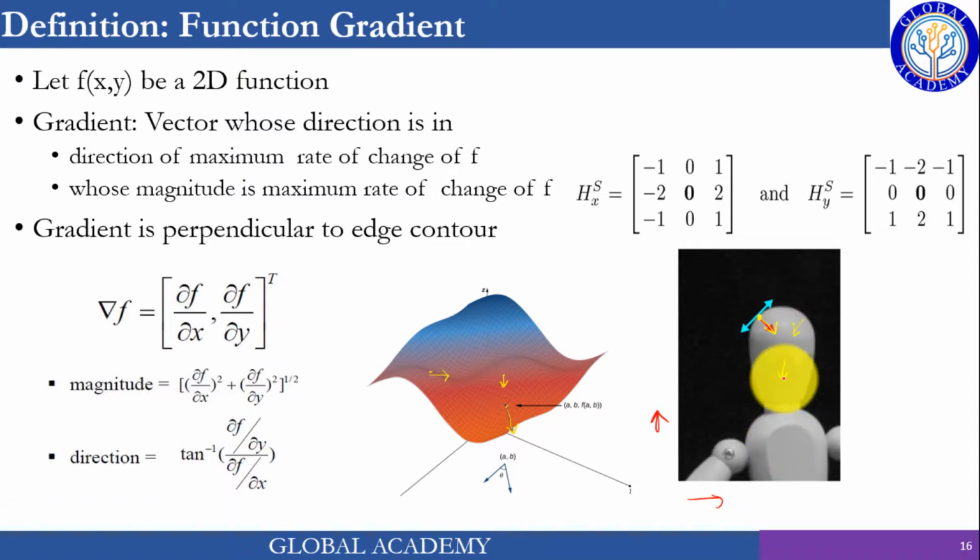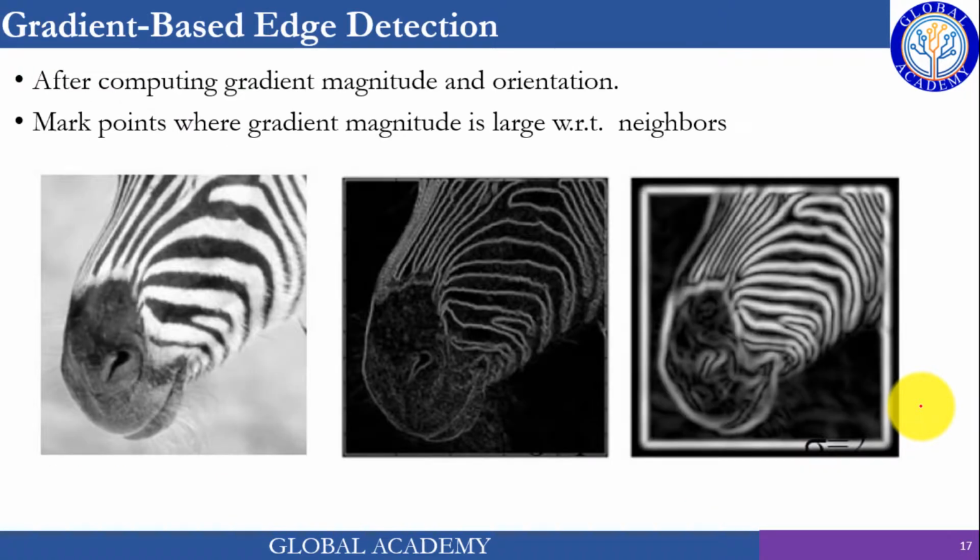So we can compute the gradient at each point of this image. It would be a vector. Then we can compute the magnitude and direction of that gradient. So in fact, we produce two images, one for the magnitude of the gradient, one for the direction of the gradient.